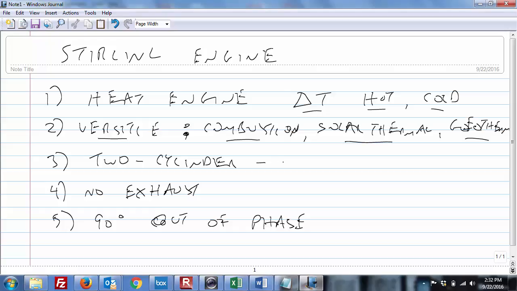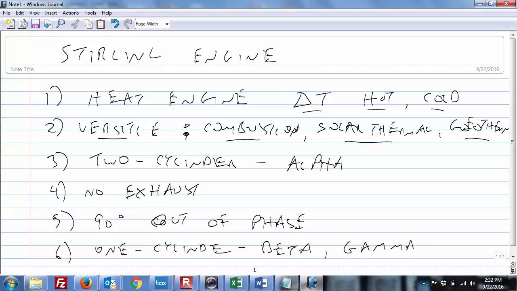The two-cylinder, that's the alpha that we saw first, and then the one-cylinder, you've got the beta, and in the beta, as we saw, the displacer shaft passes through the power piston, and then the gamma had that second power cylinder on the top. One cylinder.